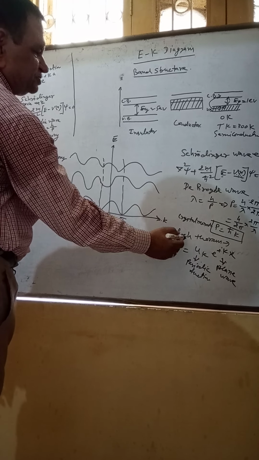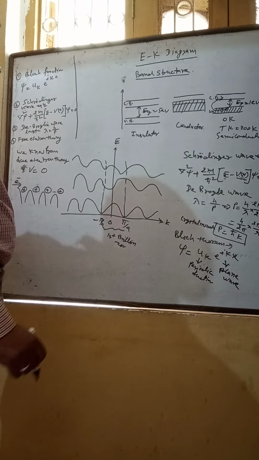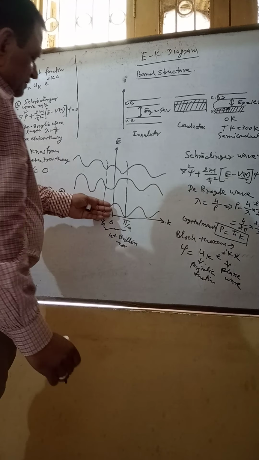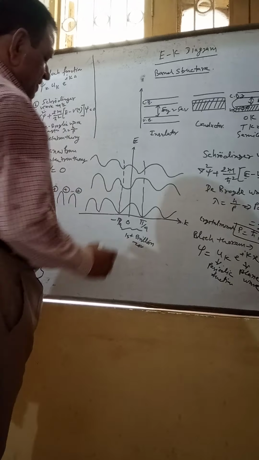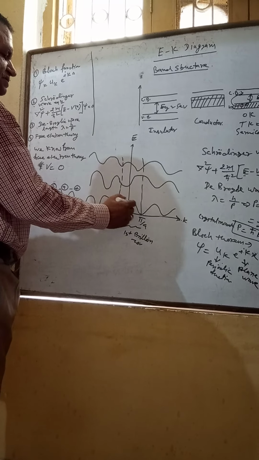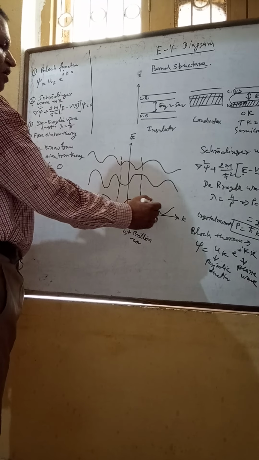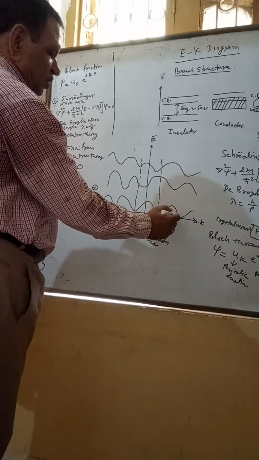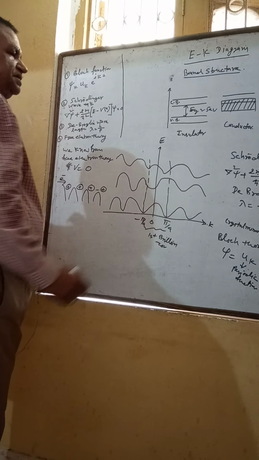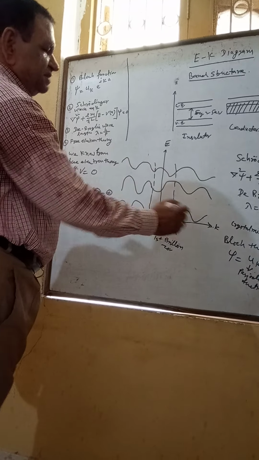Applying Bloch's theorem in the Schrodinger wave equation, we find this curve, and this curve represents all the phenomena of the optical and electrical properties in a semiconductor.